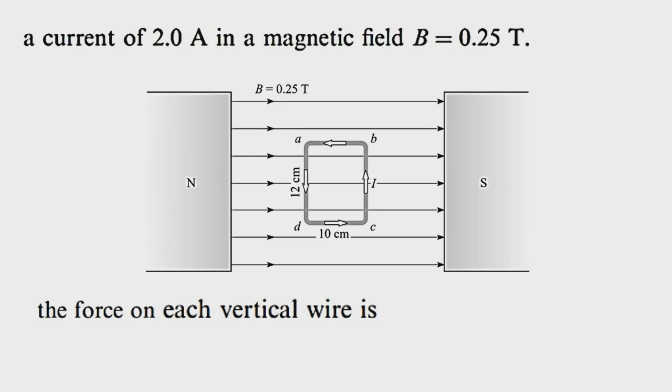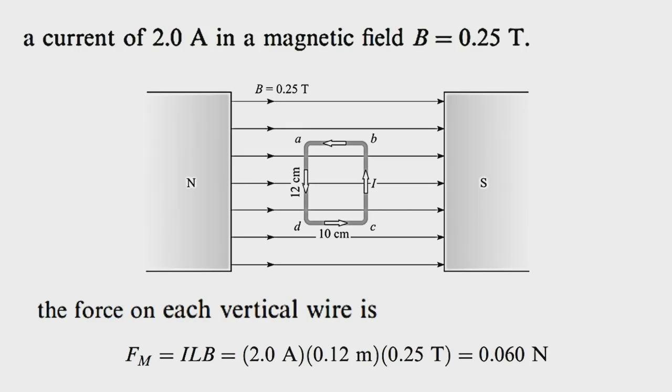So what will be the force on each vertical wire? Force can be calculated only for the vertical wires, because these are the wires that are perpendicular to the magnetic field lines.